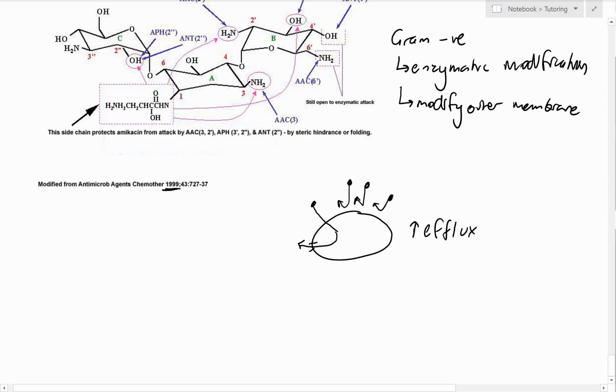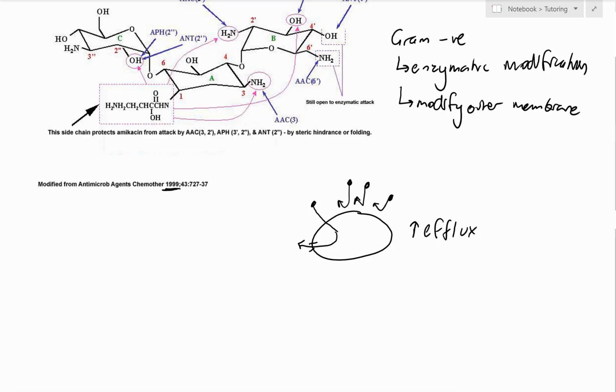And then one of the final ways that you can get resistance is through modifying the ribosome itself. So if you get ribosomal mutations, you can also prevent the aminoglycoside from binding to the ribosome, and if it can't bind the ribosome, it can't inhibit protein synthesis, and so it has no effect.